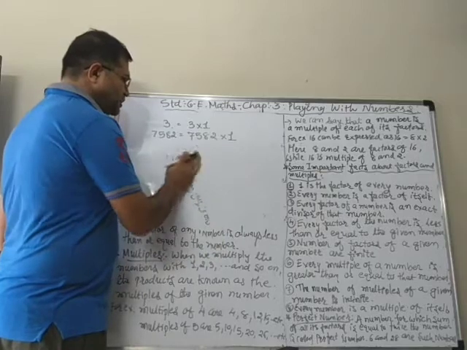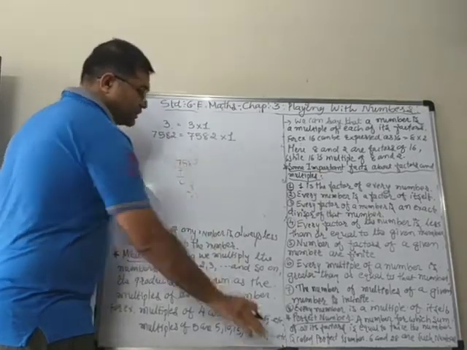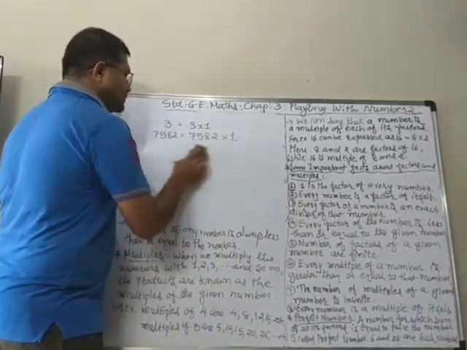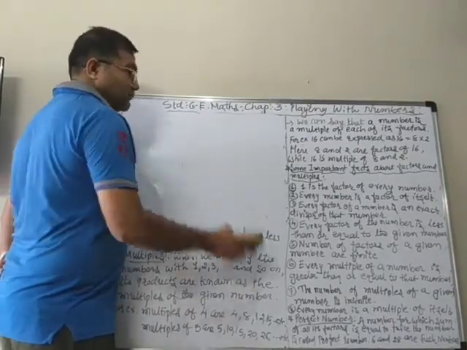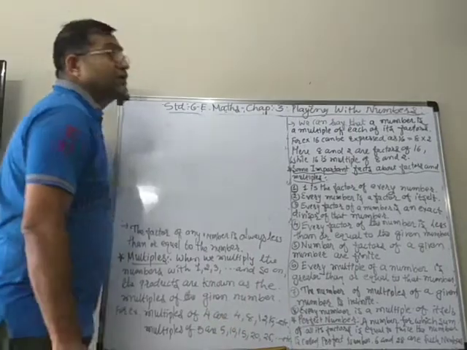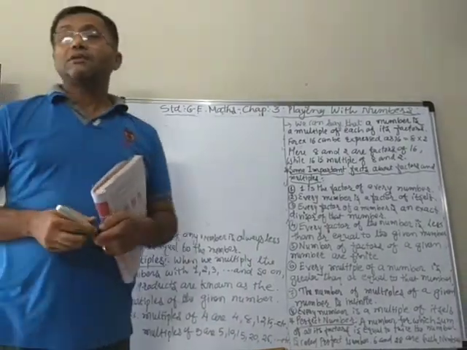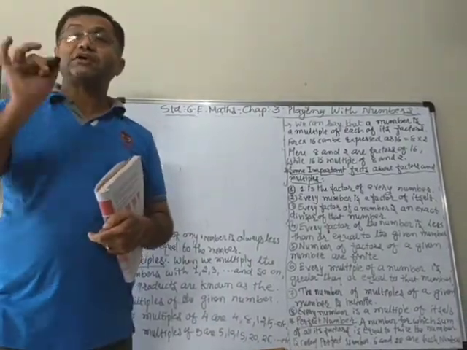So 1 is an exact divisor of each and every number. Therefore, the first fact is that 1 is a factor of every number.